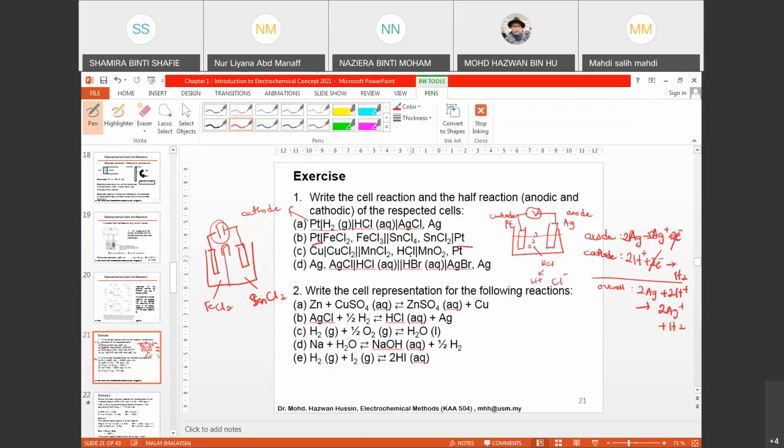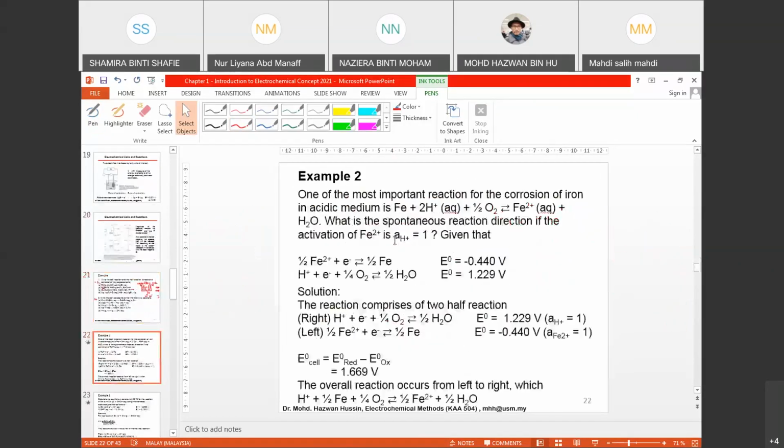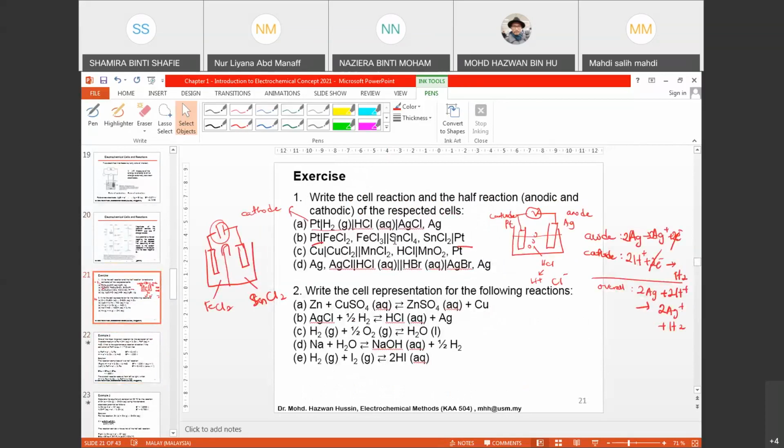Okay, Mehdi is guessing. FeCl will become anode, Fe will become anode, and the tin will be cathode. Okay. Any other suggestion? Anyone? Anode and cathode can also depend on the long and short lines in the middle, like in the battery symbol. Can it?